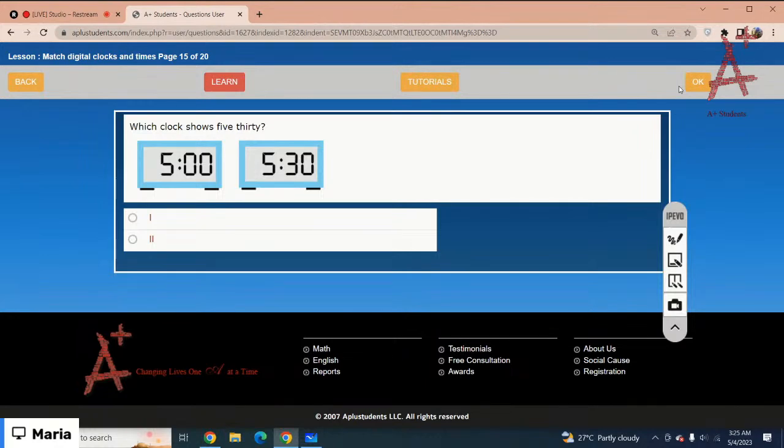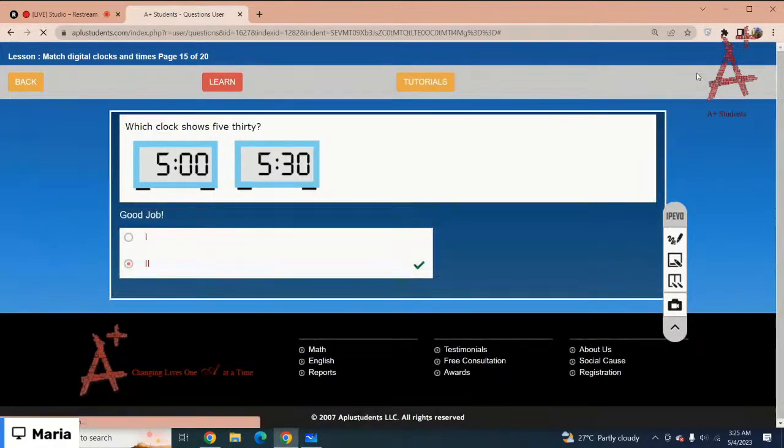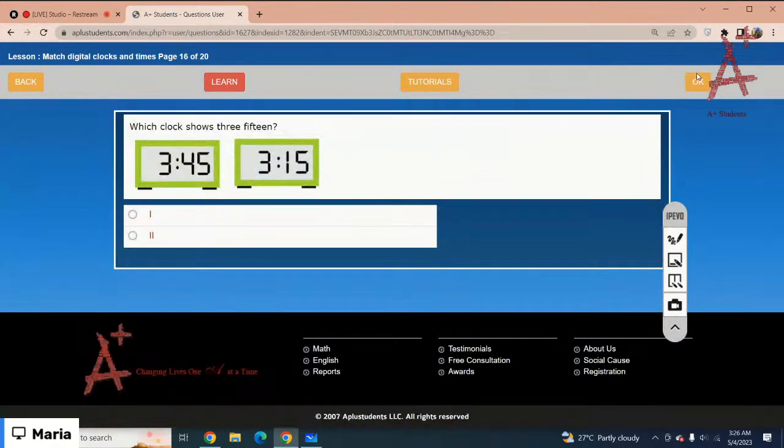Yes, that would be the second one that shows 5:30. Which clock shows 3:15? The second one, or 3 hours and 15 minutes. The second one is the correct option.